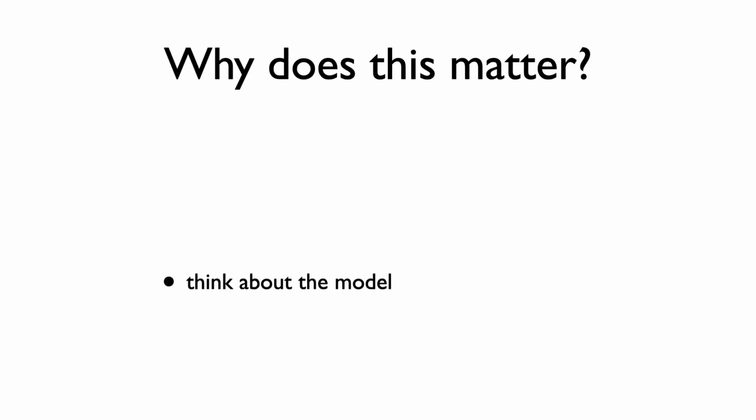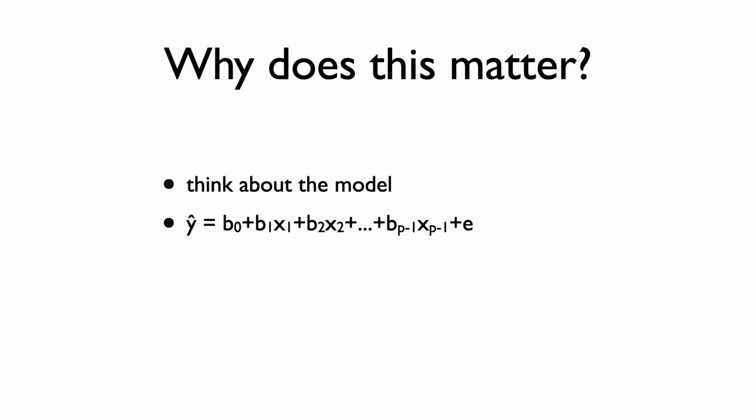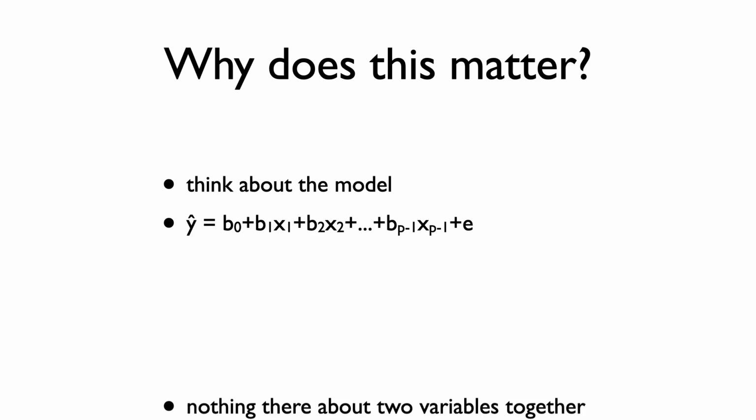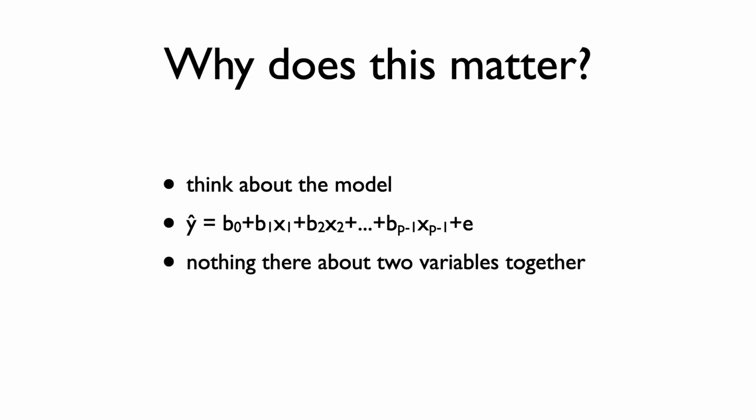Okay, so again, now back to this. Why does this matter? Let's think about the model. The model says y hat equals b sub 0 plus b sub 1 x sub 1 plus b sub 2 x sub 2 plus dot dot dot plus b sub p minus 1 x sub p minus 1 plus e. Right, that's what the model says. Is there anything there about putting two variables together? About variables that overlap? Is there anything there with multiplying x1 and x2? Nope.